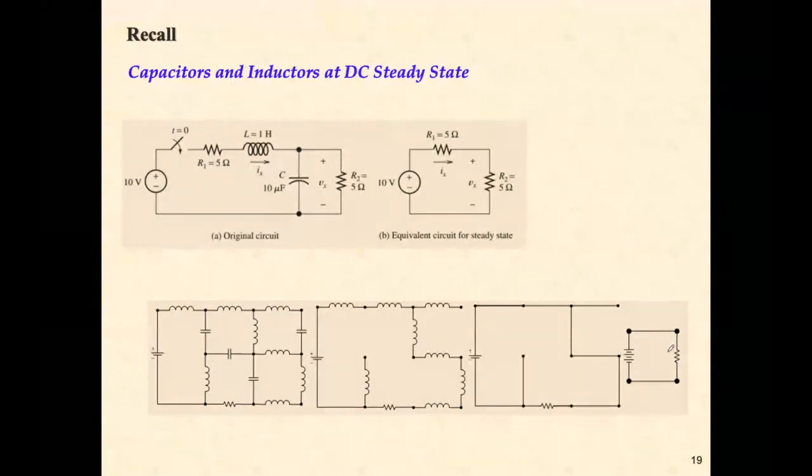Why? At DC steady state, the capacitor is just like open, and the inductor we consider just like short. So at the end, we'll have this very simple circuit.